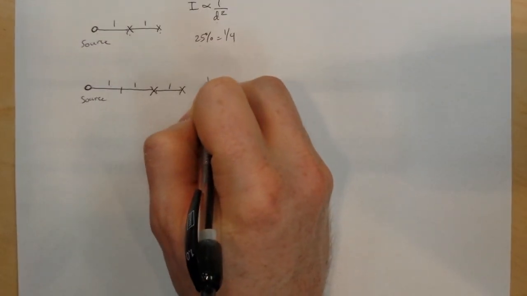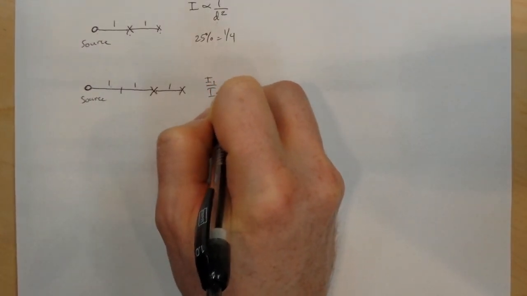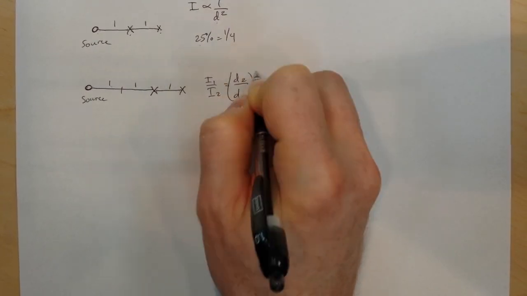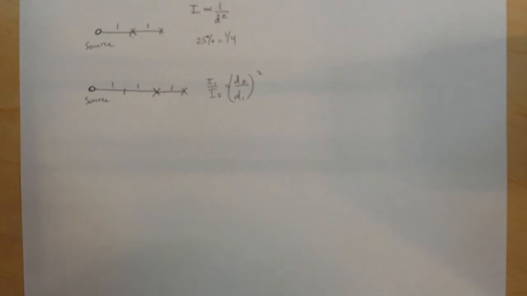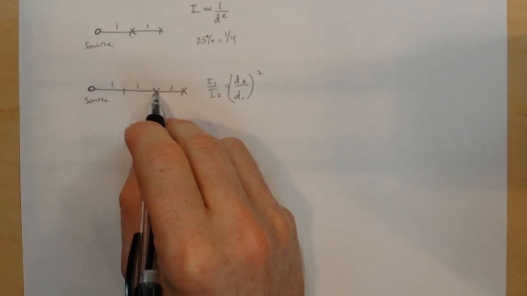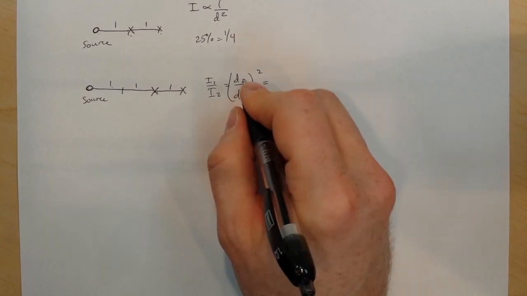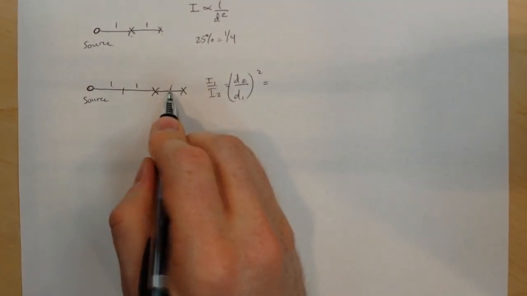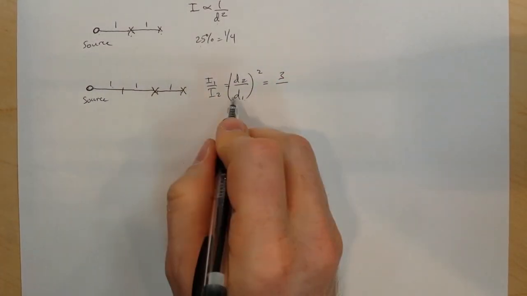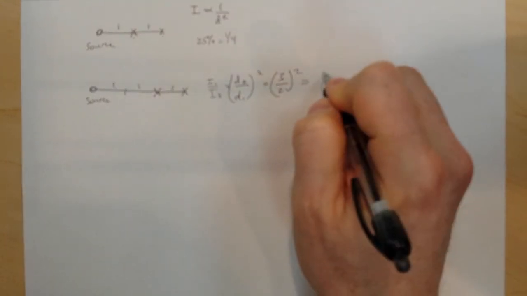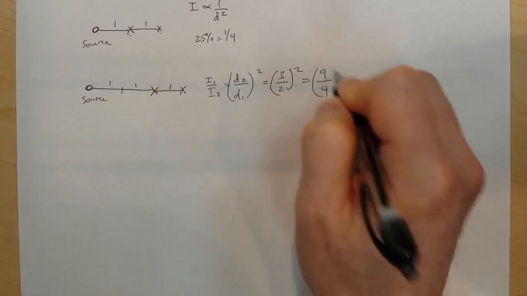Well, I1 over I2 equals D2 over D1 squared, okay? Intensity 1, intensity 2, D2 over D1, D2 is 3, D1 is 2, is 9 over 4.